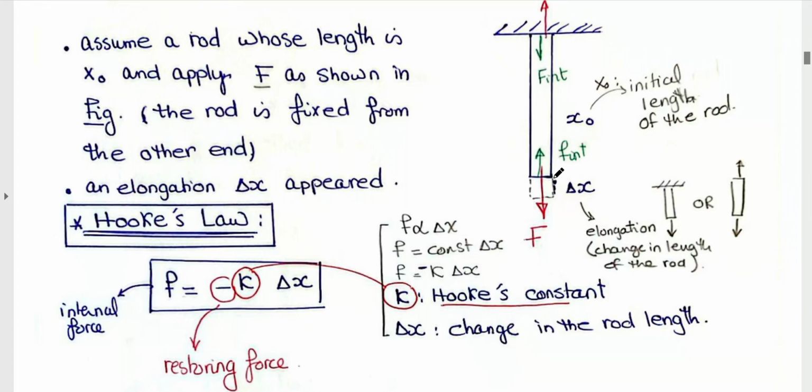It will have a change in length, delta x, and this relative change is called strain. So when you apply force, you have stress, and when you have stress on the object, the deformation is delta x, which we will express as strain, delta x over x naught.